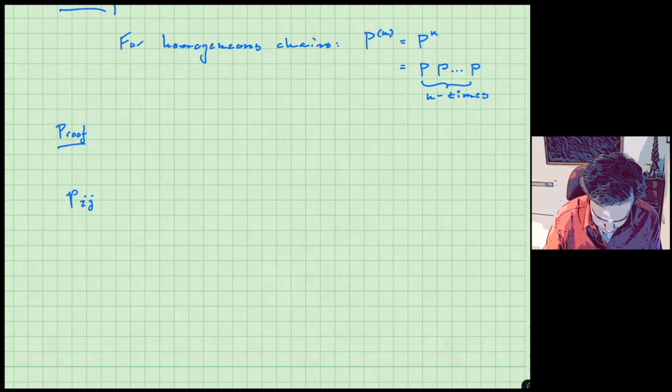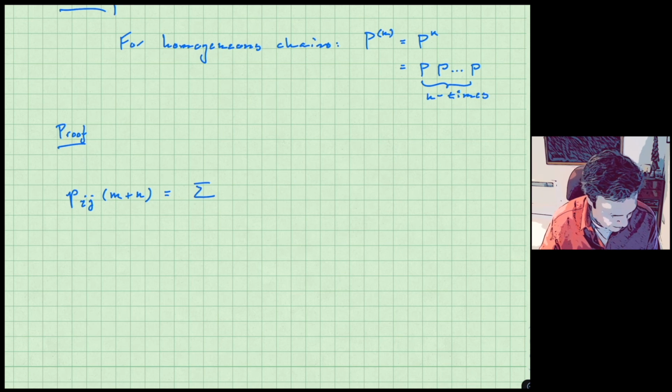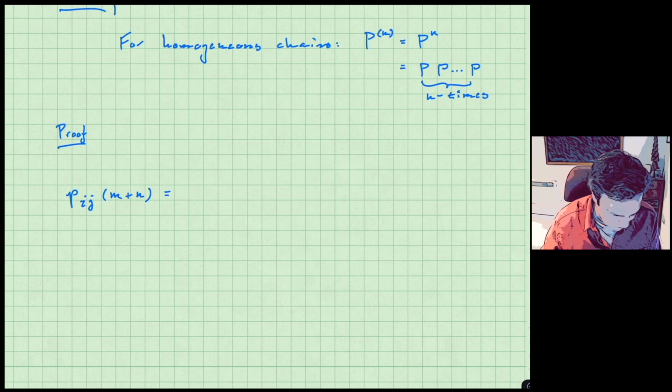P_ij, so the m plus n transition probability matrix. So we're going to write this in the following way. We say that's a sum of, oh, sorry, I got ahead of myself.